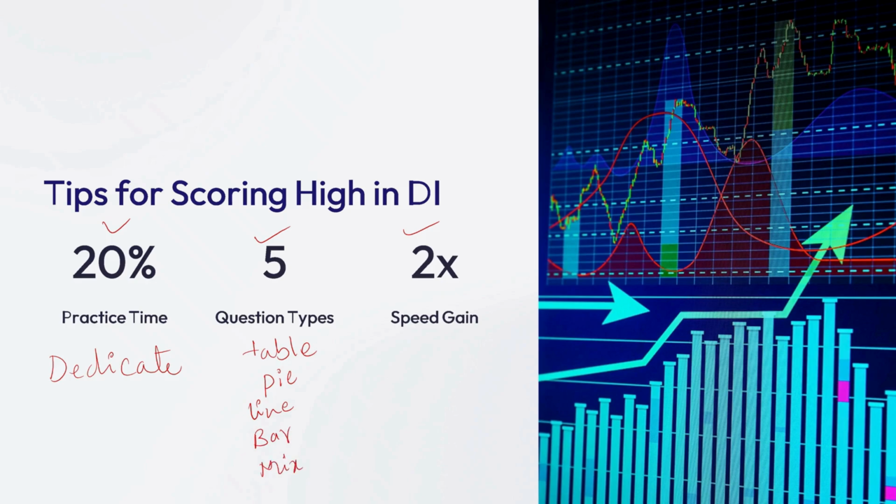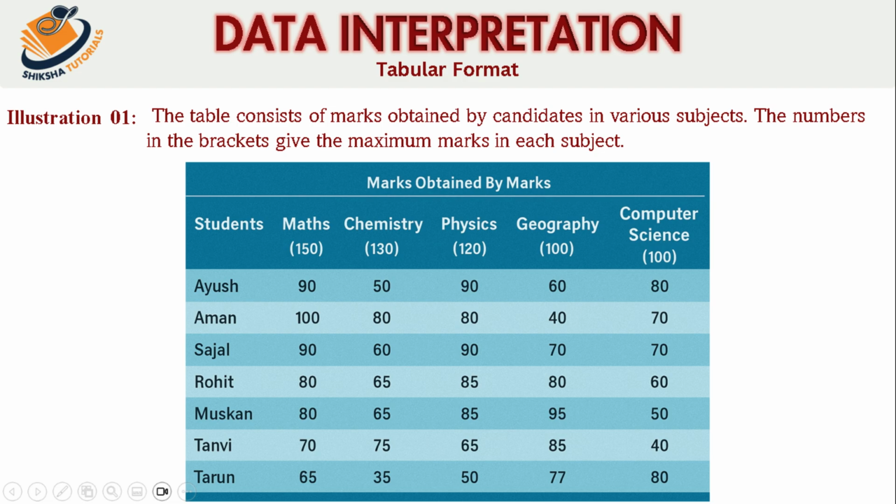We have to be familiar with all 5 formats. The final one, 2x speed gain. We have to practice regularly with diverse question types. It builds confidence and speed, and focus on accuracy first, then build speed. We have to develop mental math skills for faster calculations.